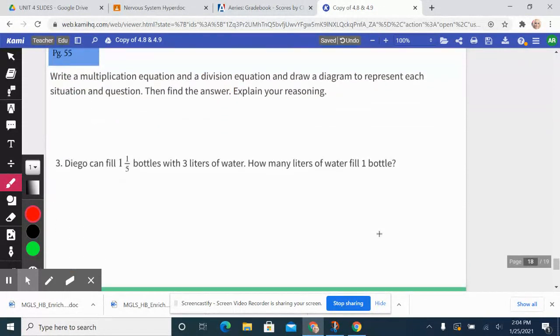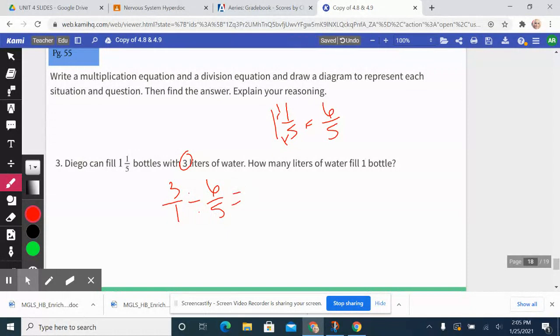Okay, and then for the third one, it says, Diego can fill 1 1/5 bottles with 3 liters of water. How many liters can one bottle fill? Okay, so remember that 1 1/5, we need to make a mixed number. So remember to multiply and then add. 5 plus 1 is 6 over 5. So we'll have 3 over 1 divided by 6 over 5.